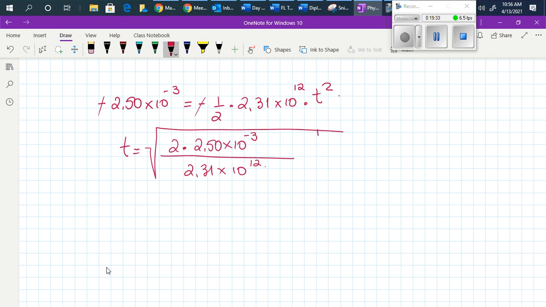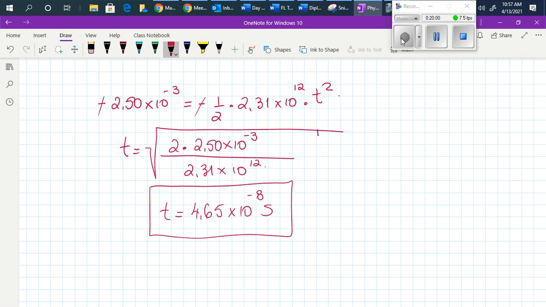Make sure that you use brackets when you're entering this in your calculator, if you have an old one, or if you have a new one, then use the fractions option. So you should have a time that is 4.65 times 10 to the power of negative 8 seconds. Do not forget to square root it.